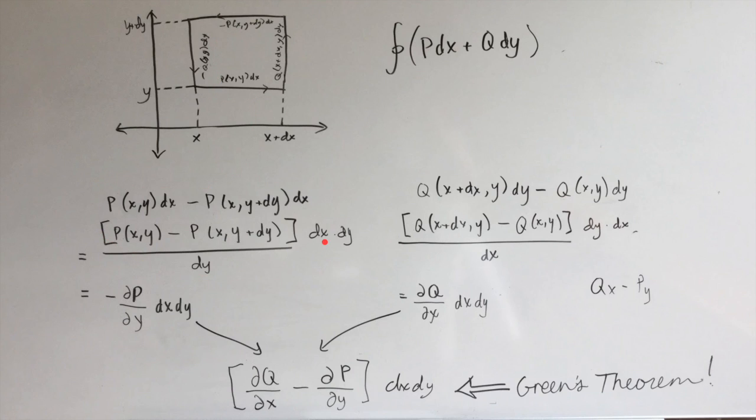Amazingly enough, if you multiply by dy and divide by dy, it will obviously be equivalent, but it'll also give you the definition of the partial derivative of P with respect to y, times dy. The same thing applies to the Q components. You have the definition of the partial derivative of Q with respect to x times dx dy, and that's basically the form you get when you add them together. And voila, this is Green's theorem.